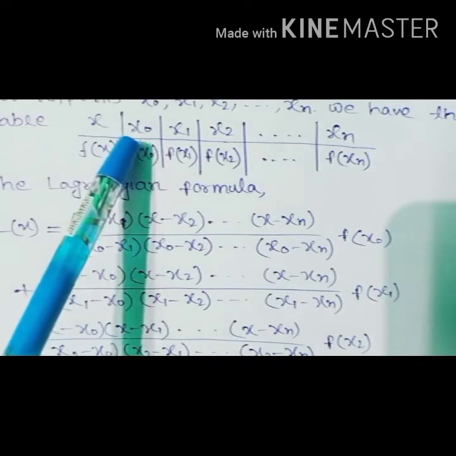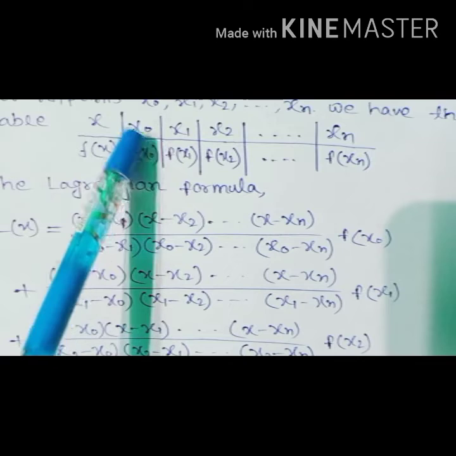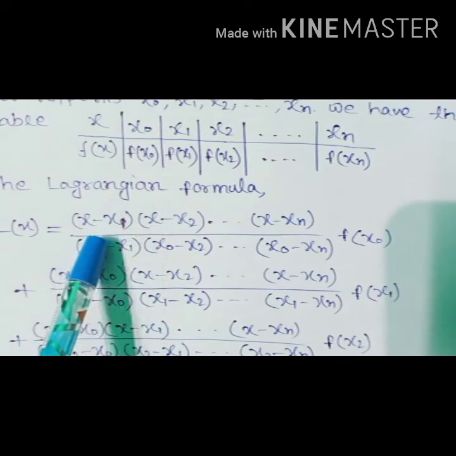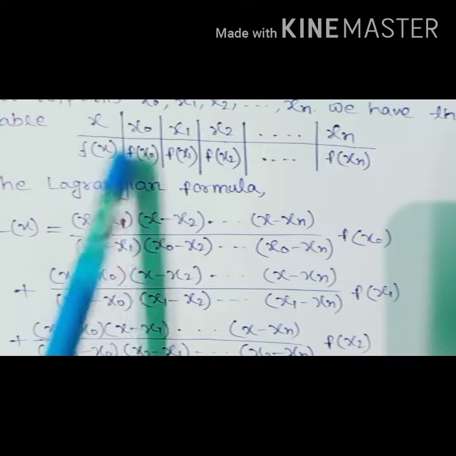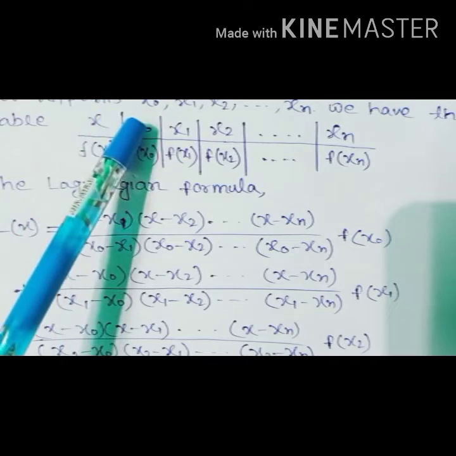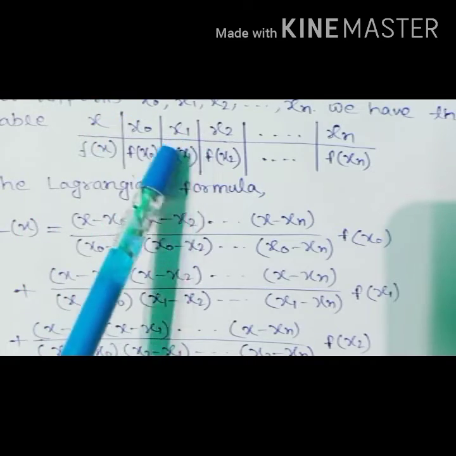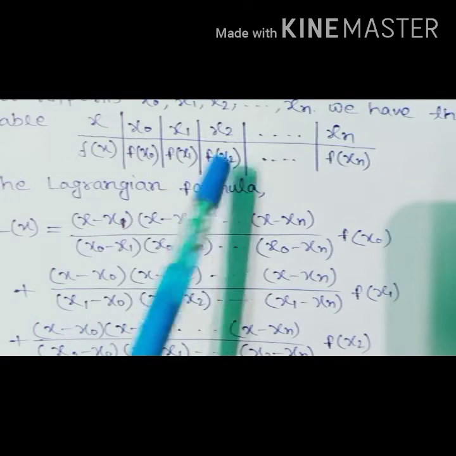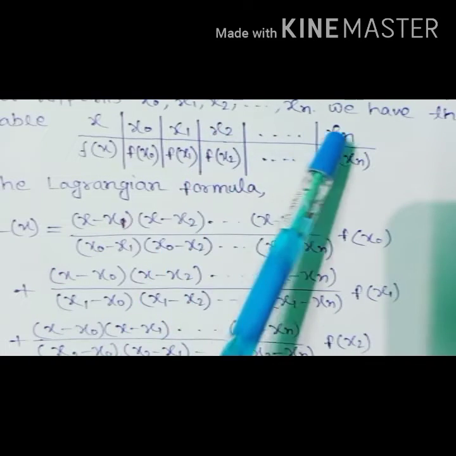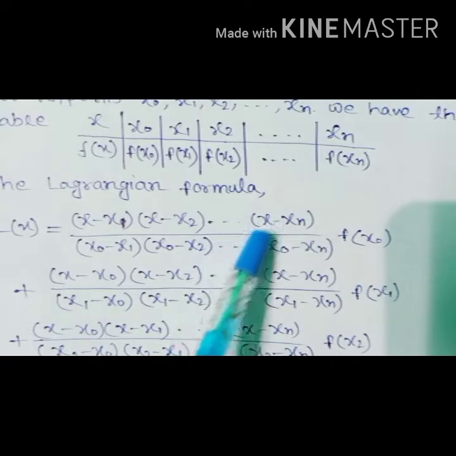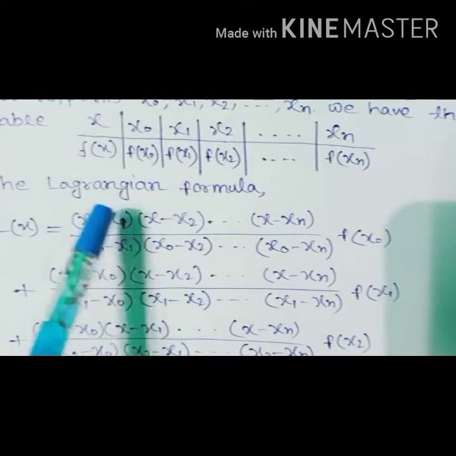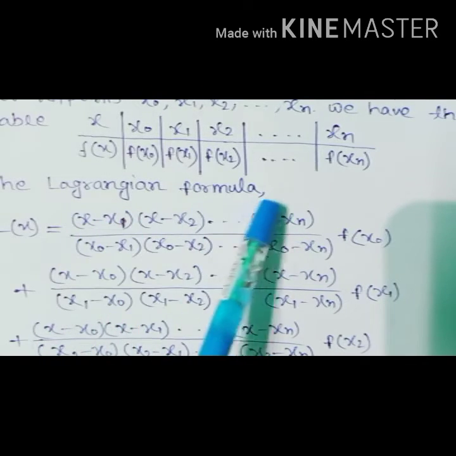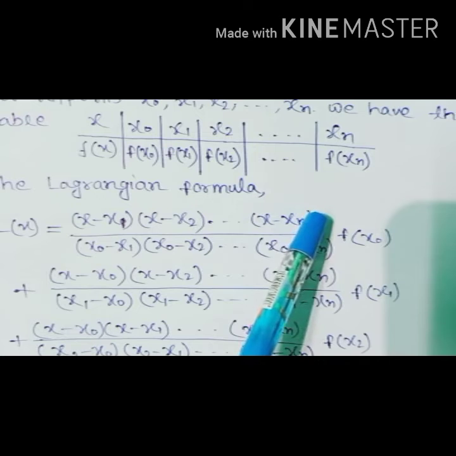First of all, take x0, the first point. Except this x0, I have written all the remaining points: x minus x1, x minus x2, up to x minus xn. This is the upper part, or numerator.